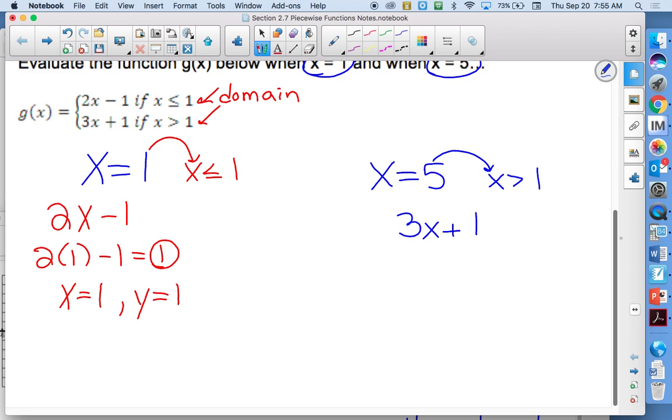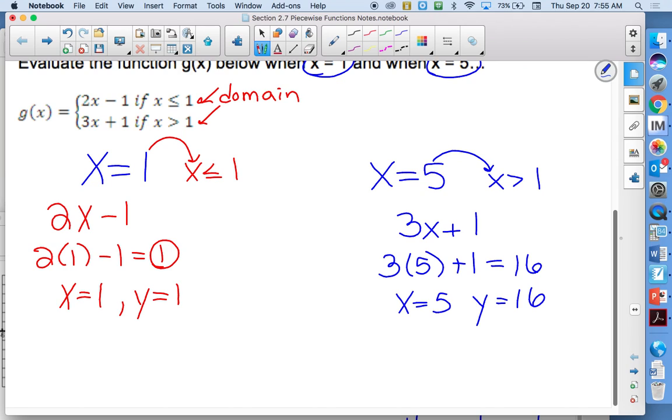We're picking a piece to use based off the given x value. Then after you choose that portion of the piecewise function, you can evaluate. So when x is 5, y is 16. If we graph that, you would have a point at (5, 16). And we would have a point at (1, 1).